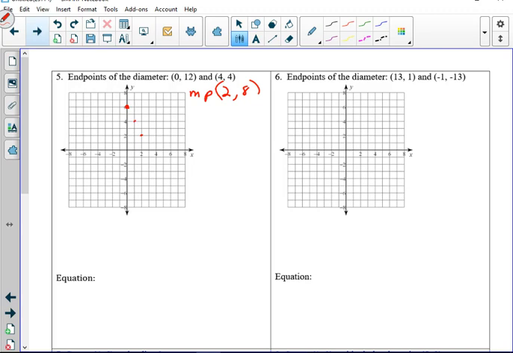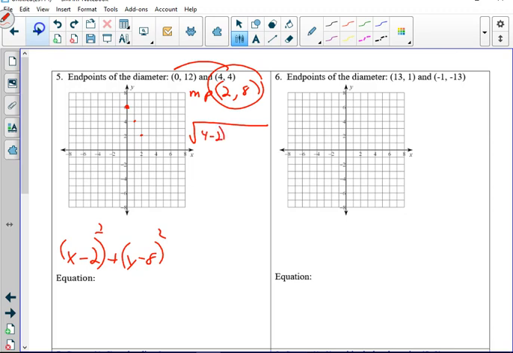I can do the distance between these two and then cut it in half, or I can just do the distance between the midpoint, the center, and the endpoint. Not to mention, I can already do the x minus 2 plus y minus 8 part. I already know my center, which is the midpoint. I just need to find my radius, which is the distance between the midpoint and the endpoint.